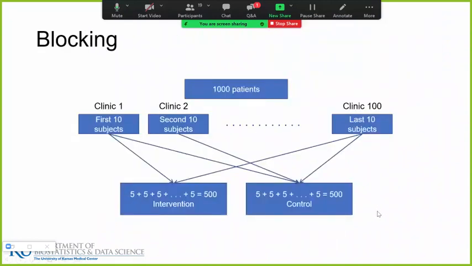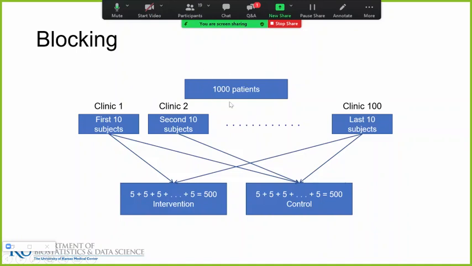Another approach that we might take if we have a source of variation that we know could play a role and we know about it in advance is we might want to block on it. So blocking is just another way of controlling for a potential confounder or source of error explicitly in the way we randomize.